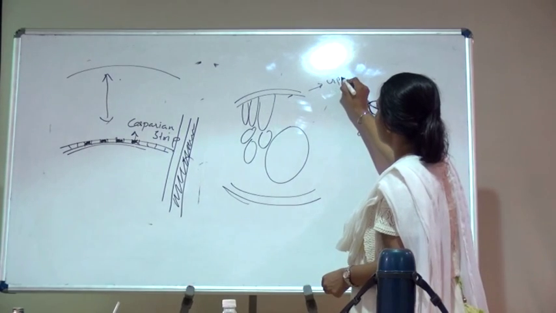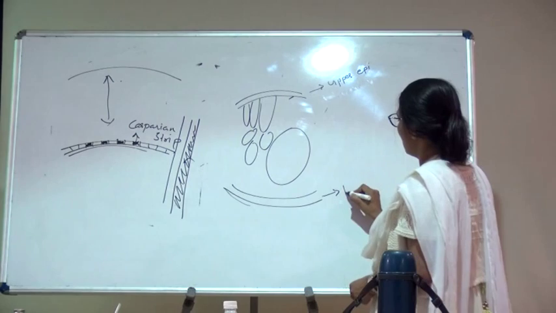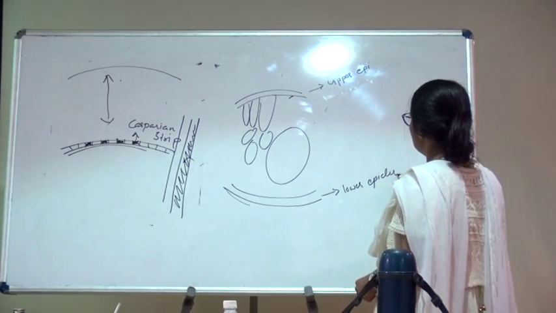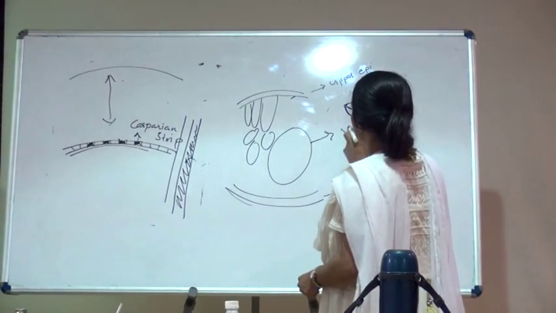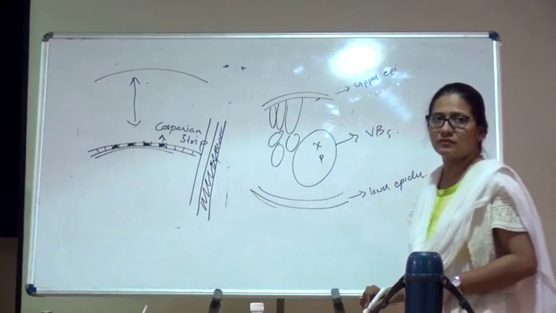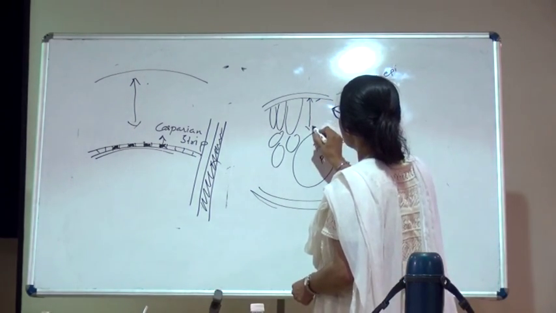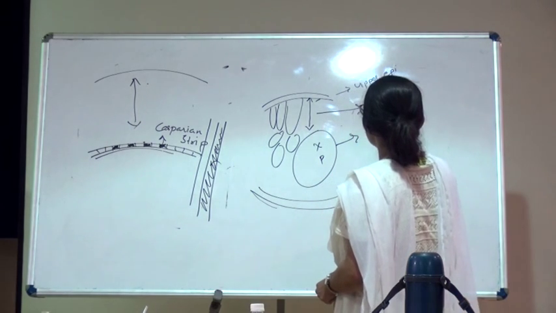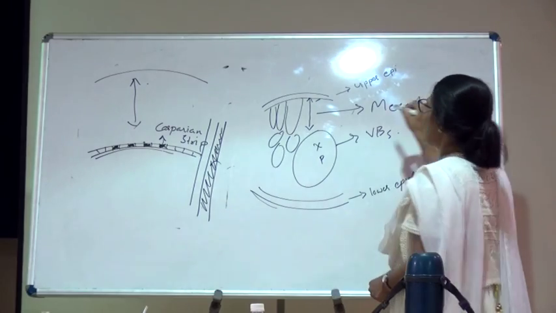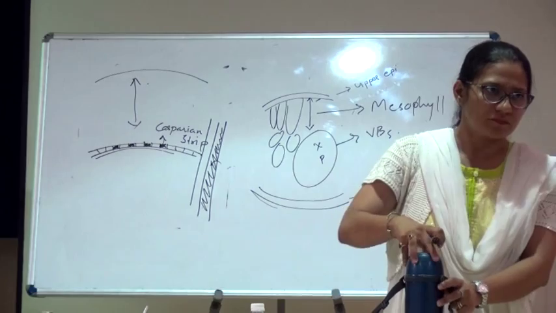Upper epidermis, lower epidermis, vascular bundle having xylem and phloem, and this region is known as the mesophyll region, and the cells present in this region are known as mesophyll cells.